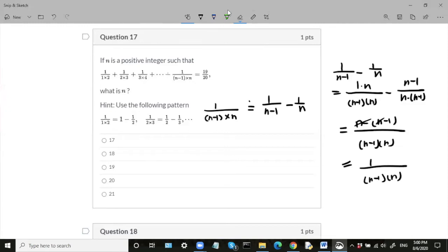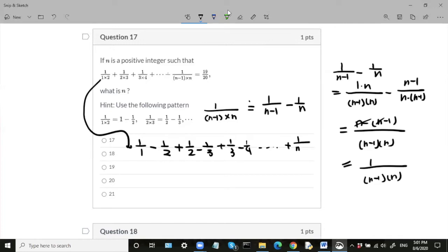Then we use this formula to replace the expression. 1 over 1 times 2 would be 1 over 1 minus 1 over 2, according to this formula. 1 over 2 times 3 would be 1 over 2 minus 1 over 3, and so forth, until the last term, 1 over n minus 1 minus 1 over n.